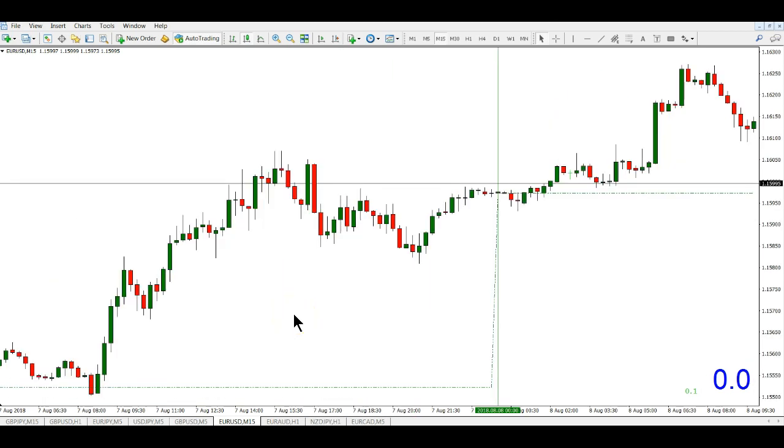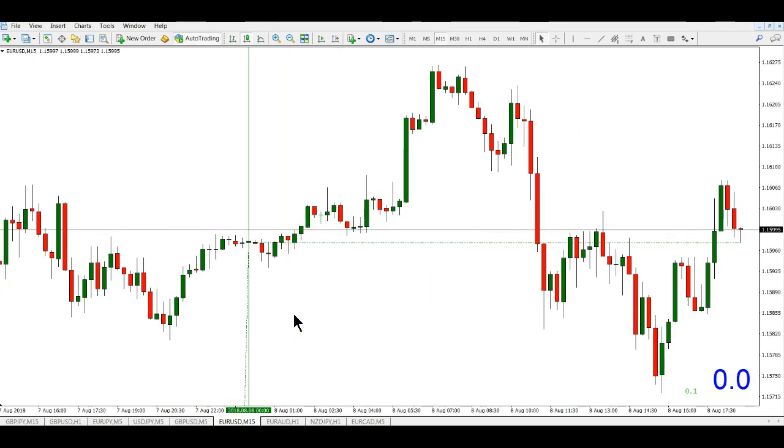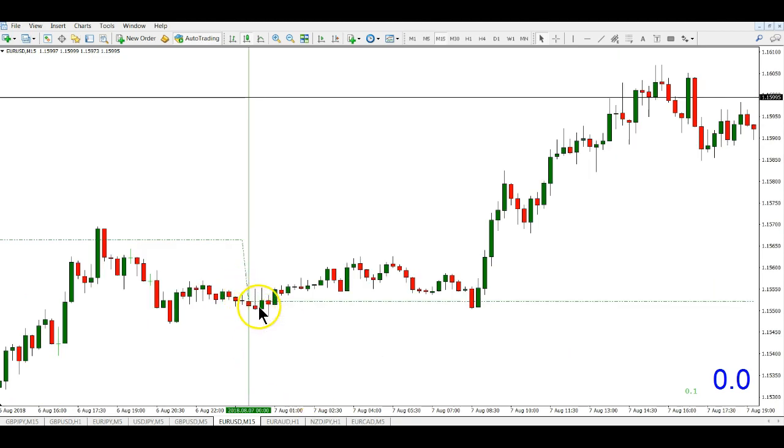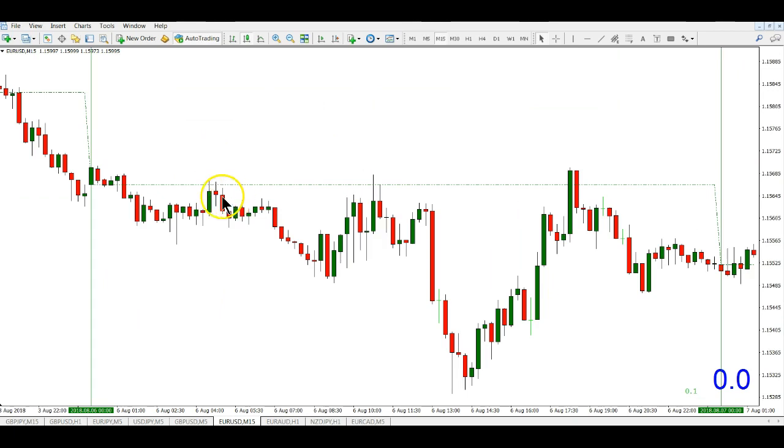Okay, so watch how price reacts to that line. Here's the open, now watch it. It comes down right to the line, around the line, and bounces. Same over here. It finally breaks it, it comes back up, and bounces right there at the line.